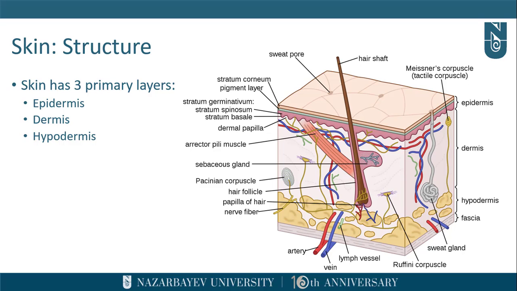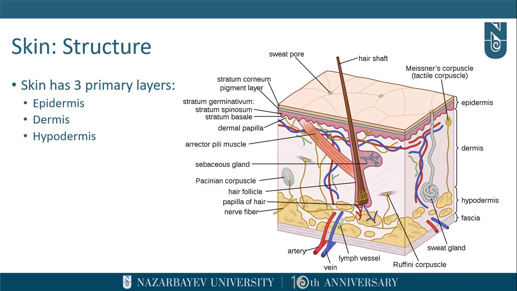The epidermis is made of multiple layers of cells. Keratinocytes manufacture and store keratin protein. And as you might already know, keratin protein forms the structure of hair, nails, and skin, and it gives the skin its waterproof properties.